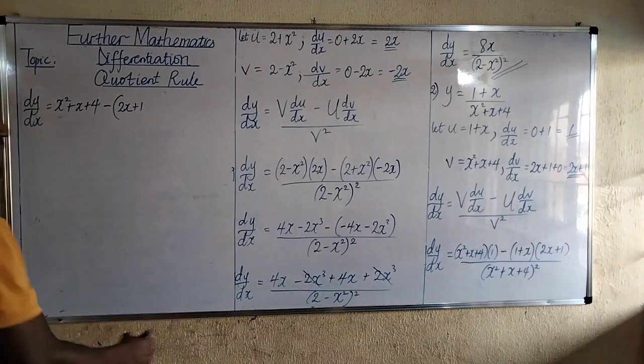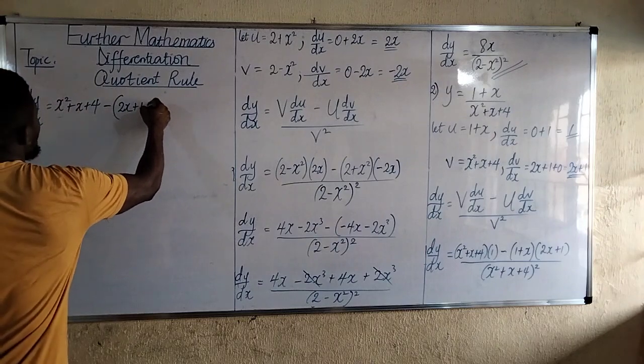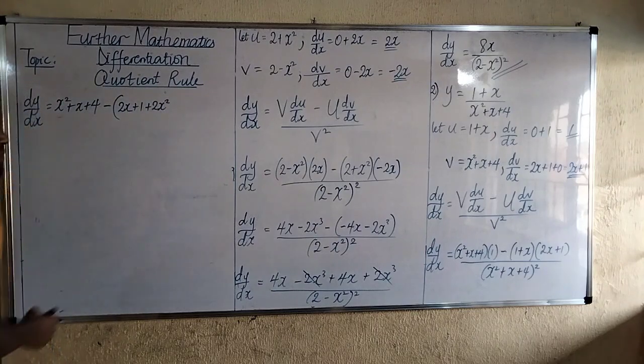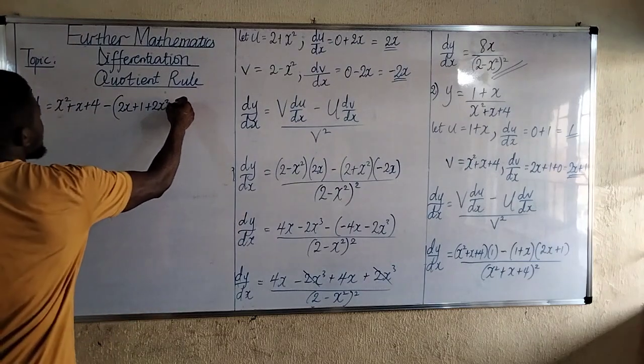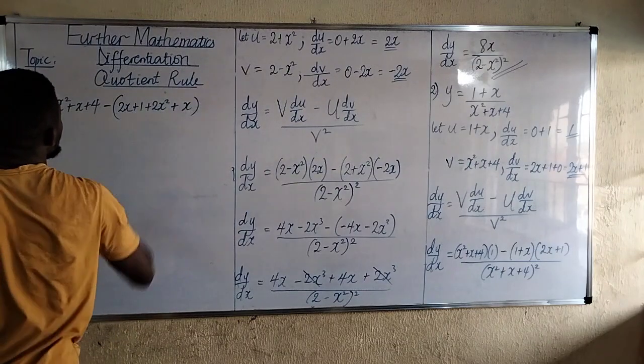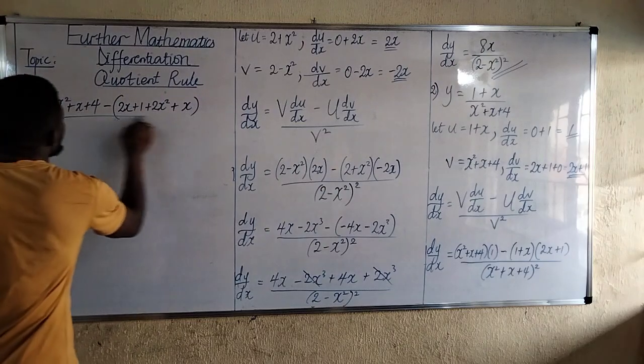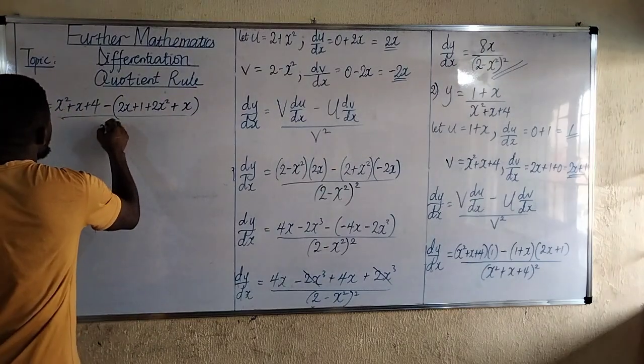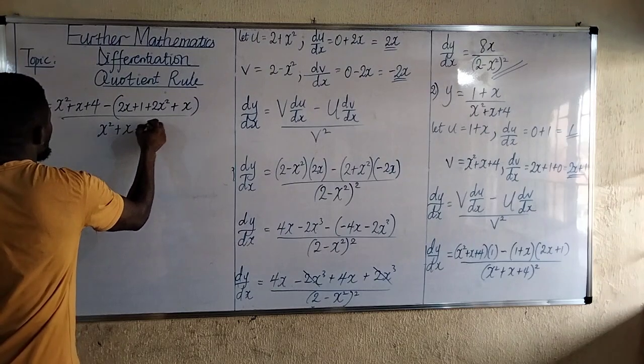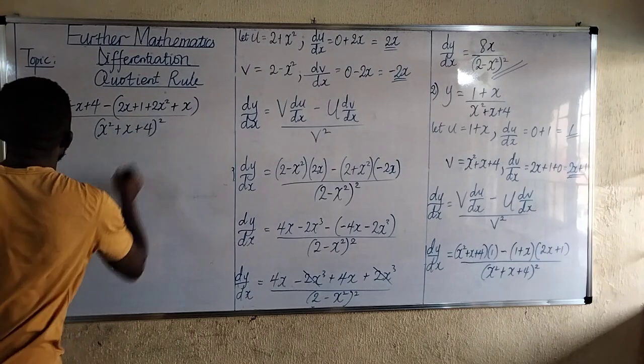Then x multiplies: x times 2x will give us plus 2x squared. x times 1 will give us plus x. Having reached here, we write our denominator as well, which is x squared plus x plus 4, all squared.